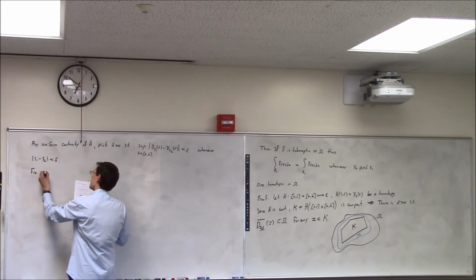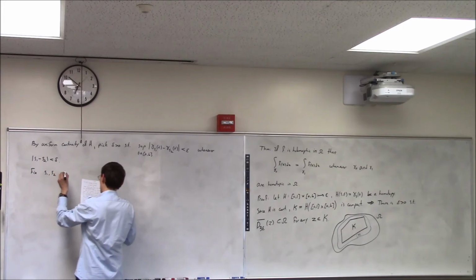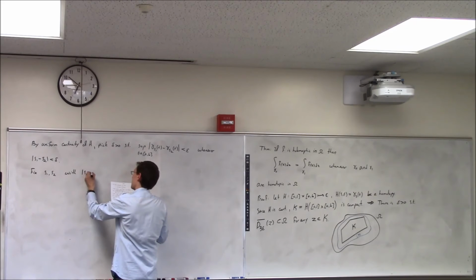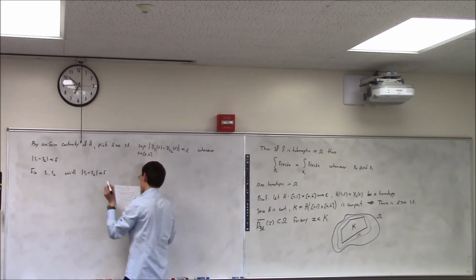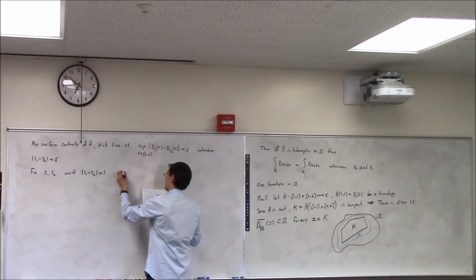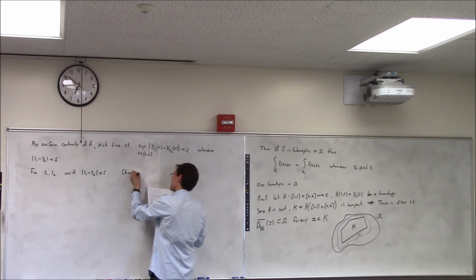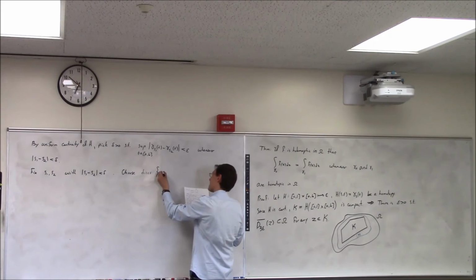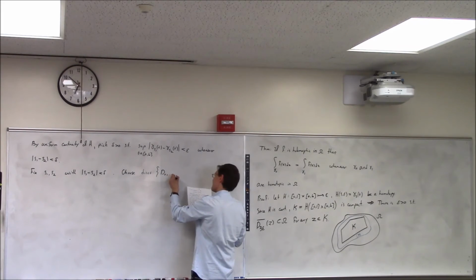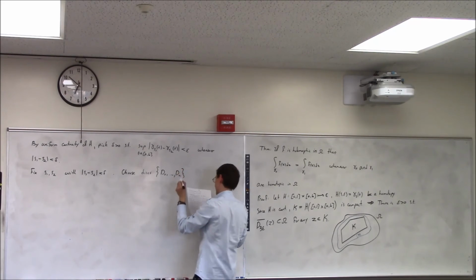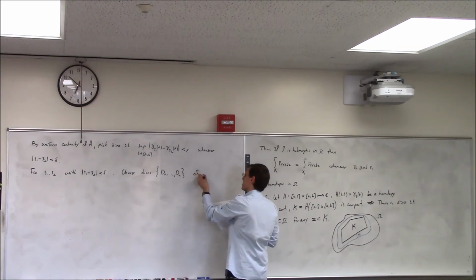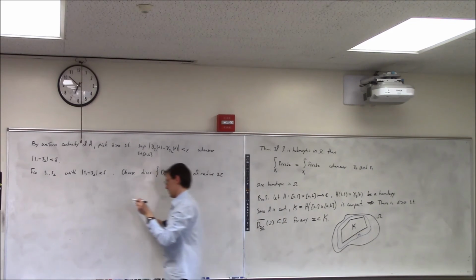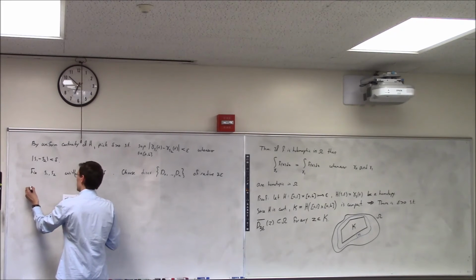Fix s1, s2 with s1 minus s2 smaller than delta. Choose disks D_0 through D_n of radius 2 epsilon, centered at consecutive points.